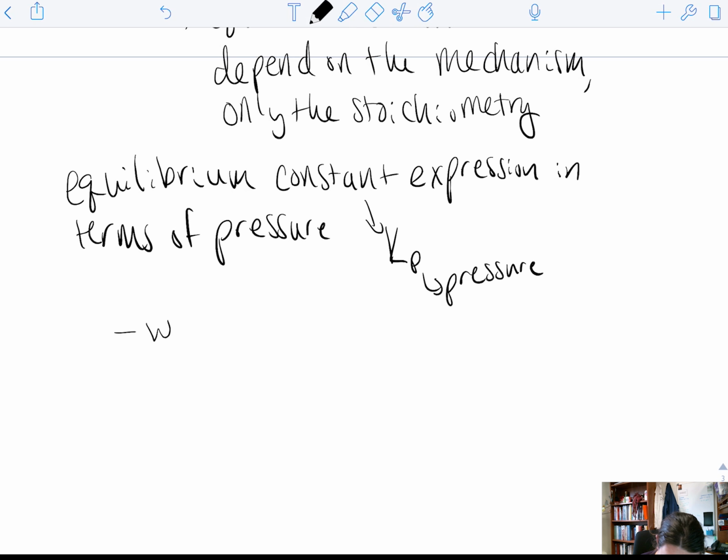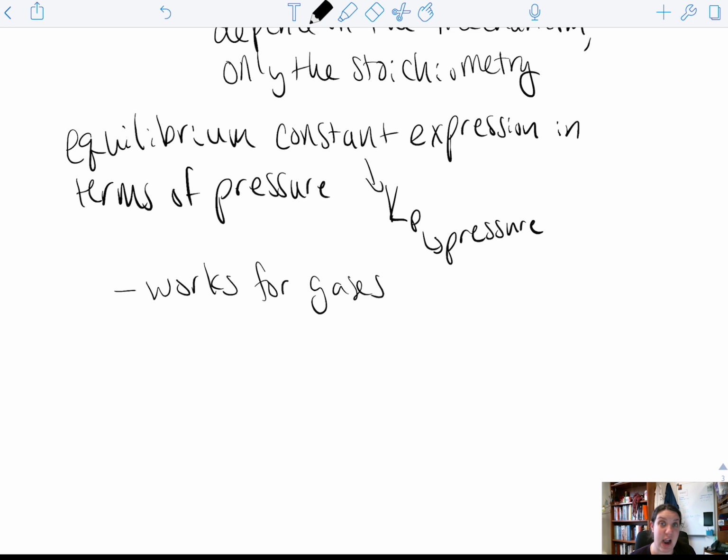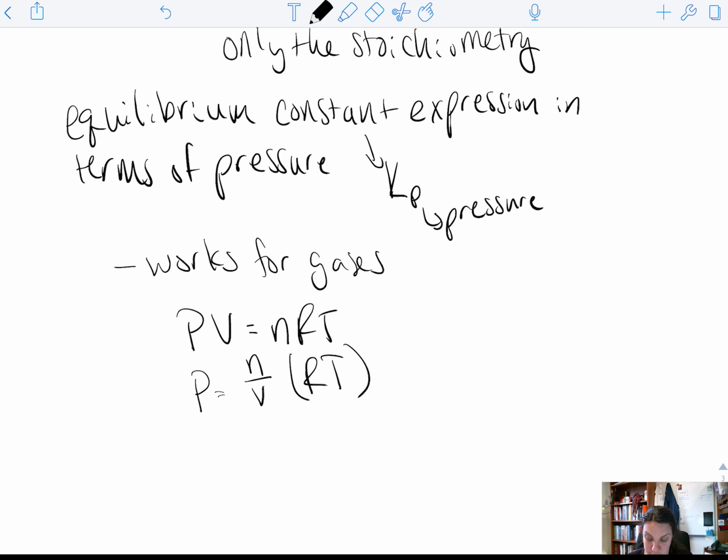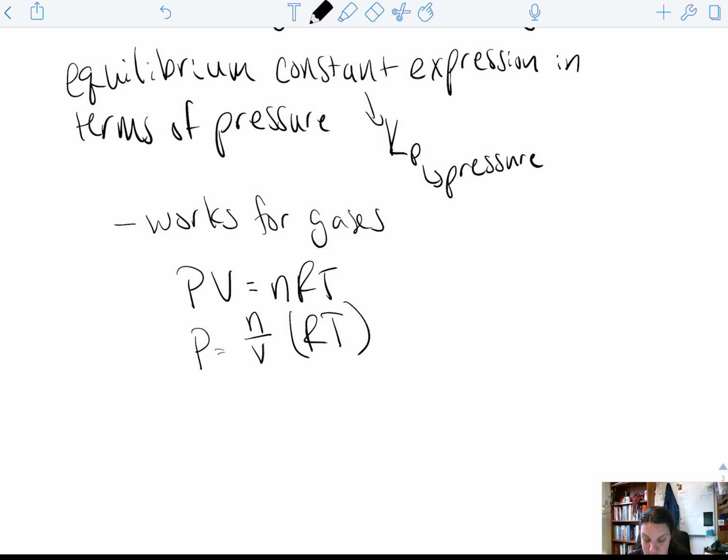So this works for gases. And it works for gases because of our ideal gas law. Remember, PV equals nRT. So pressure is equal to n over V times the constant R and the temperature. So as long as we have our temperature the same, we can relate pressure and molarity, right?